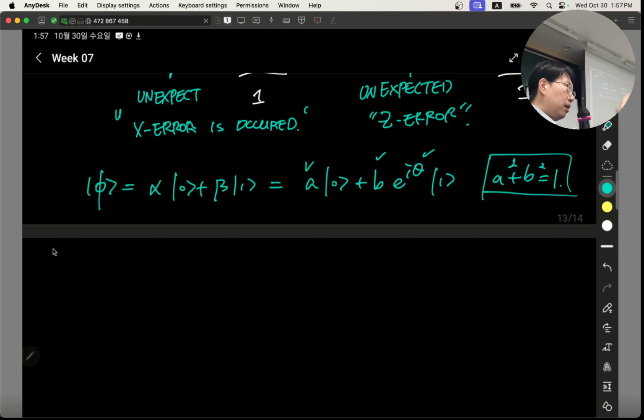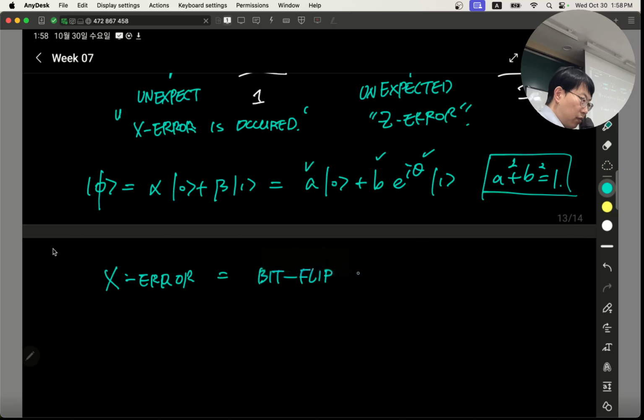When this X gate occurs, we call it a bit flip error, because it flips ket 0 and ket 1.